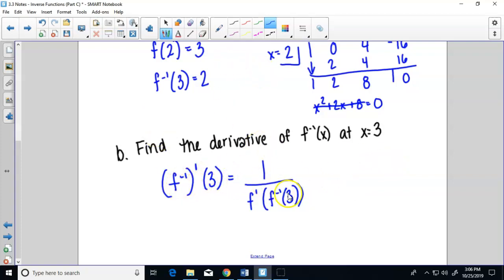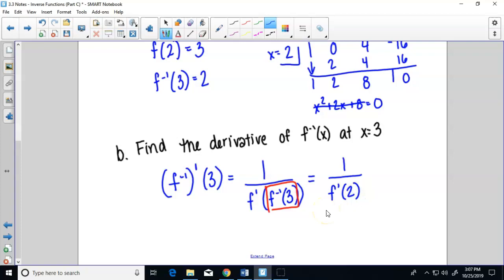So this is f inverse of 3. This is the part that we just did. What did we find for f inverse of 3? Up here we had 2, right? So that means we are going to find 1 over f prime of 2.